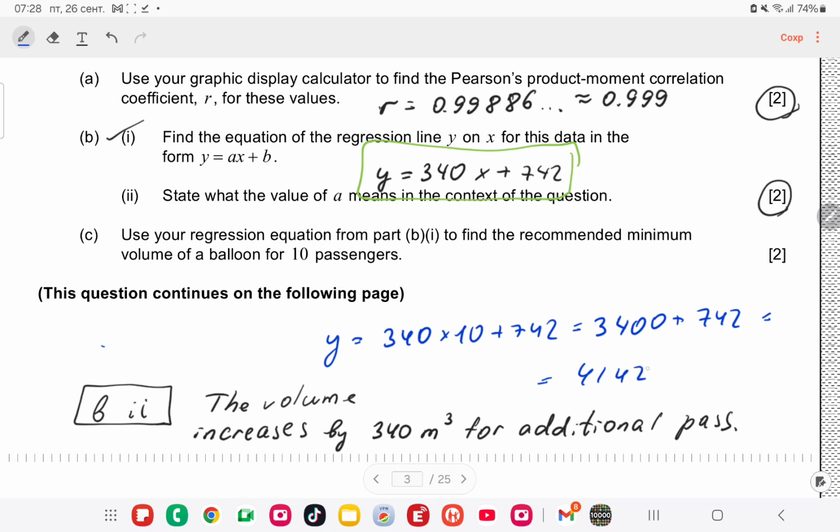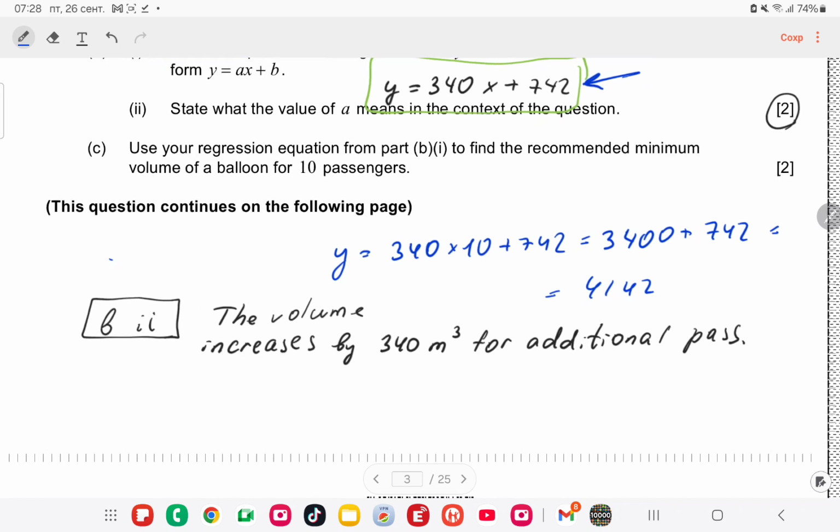Guys, be careful. In this case, you will lose 1 mark if you write it this way, because you have plugged x into rounded values of m and c. All parameters should be more precise.